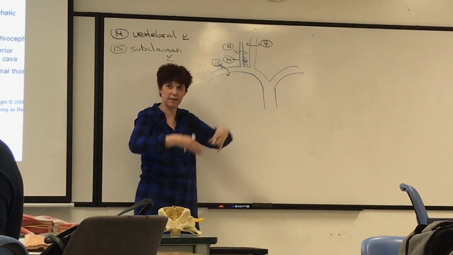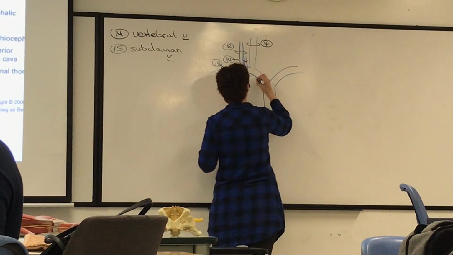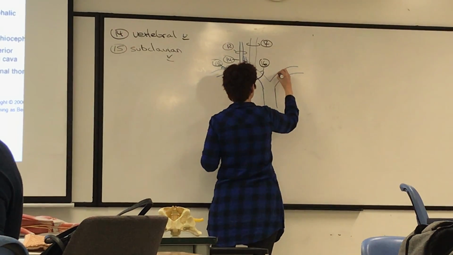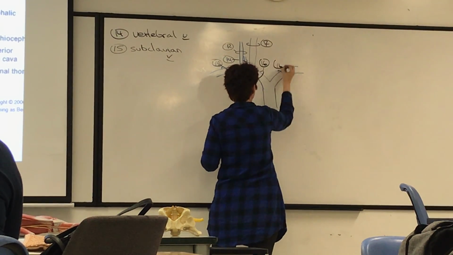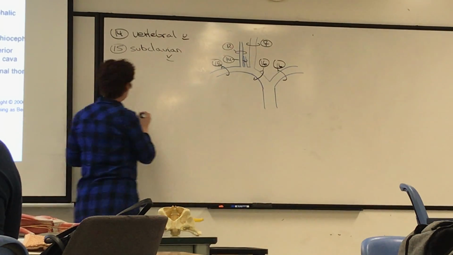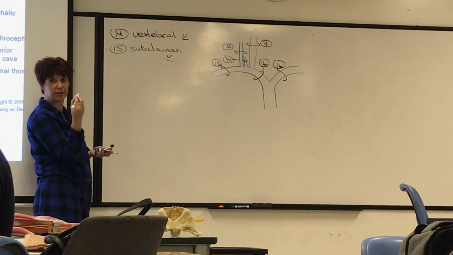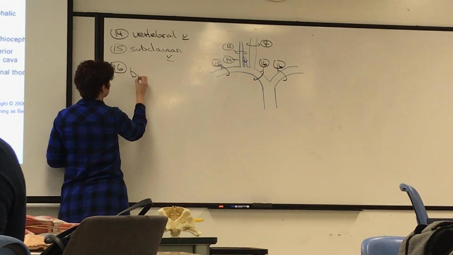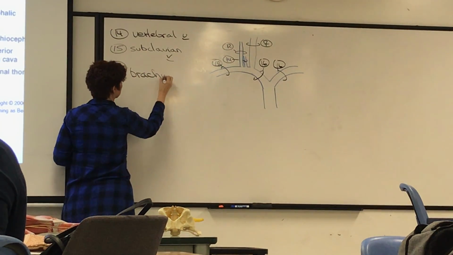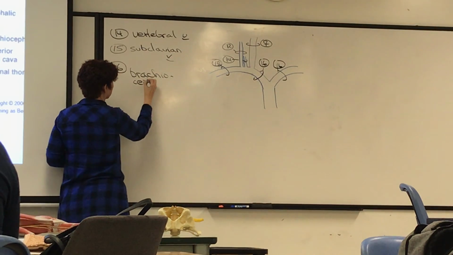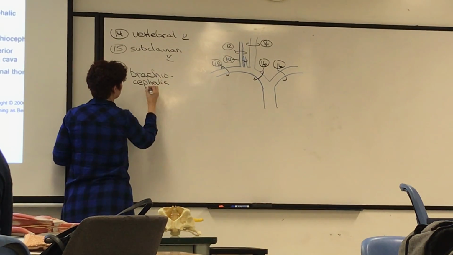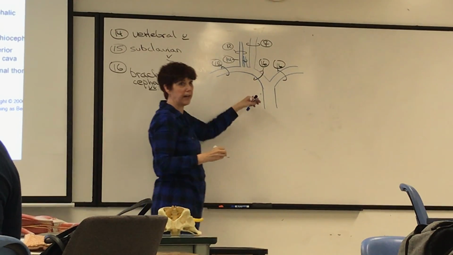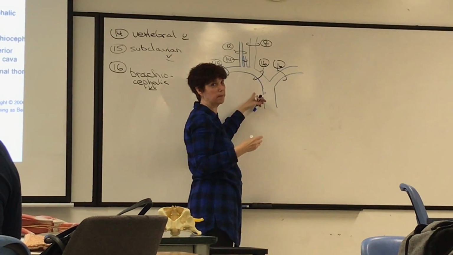Okay, because we're going towards the heart, so we don't use the term branches. So 16 will be brachiocephalic. We have 2 of those in this diagram. Remember, we only had 1 brachiocephalic artery or trunk, but we have 2 of the veins. And then the 2 brachiocephalic veins join together to form the superior vena cava.